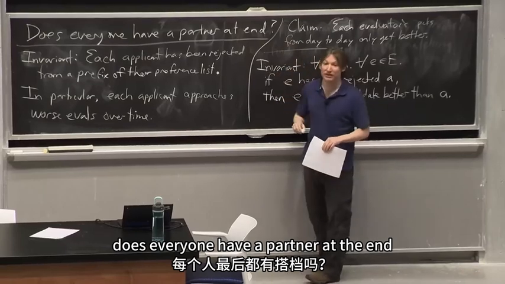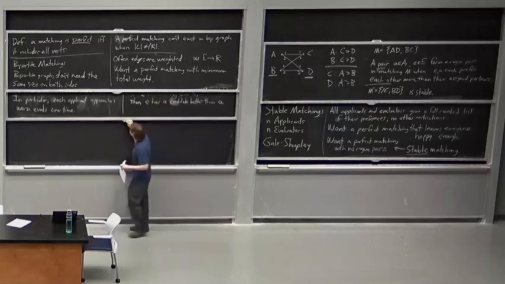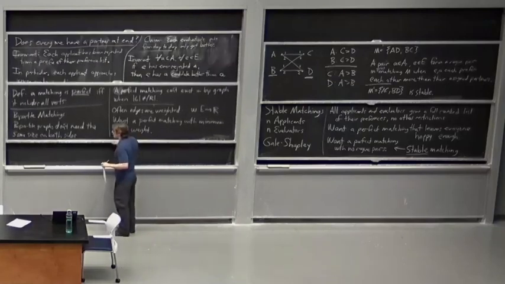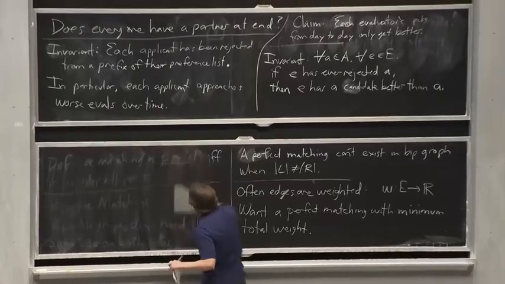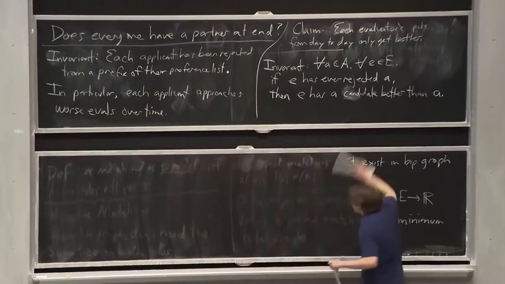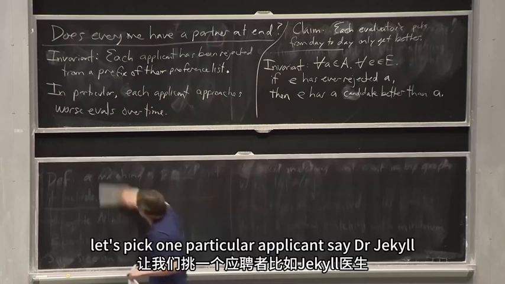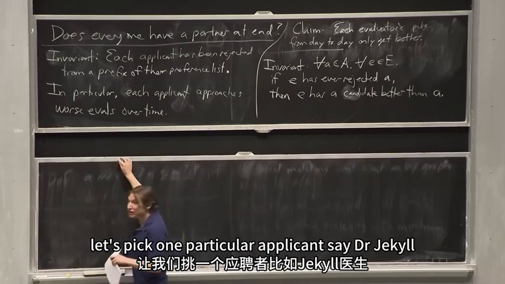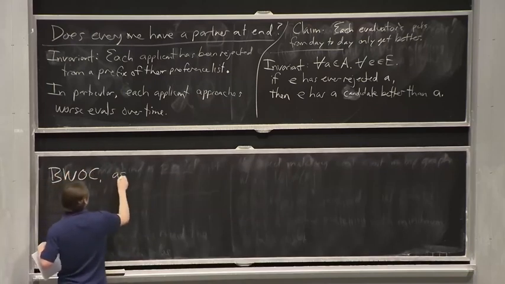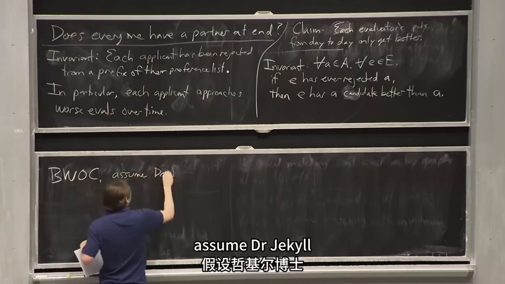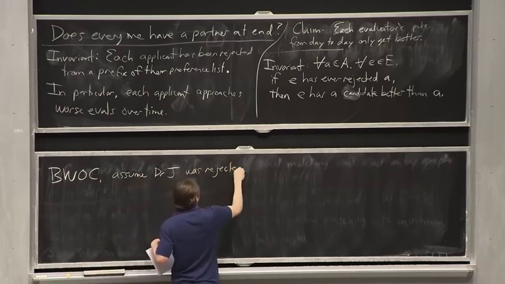Does everyone have a partner at the end? And let's see what happens if they don't. So by way of contradiction, let's pick one particular applicant, say Dr. Jekyll. So by way of contradiction, assume Dr. Jekyll was rejected by everyone.